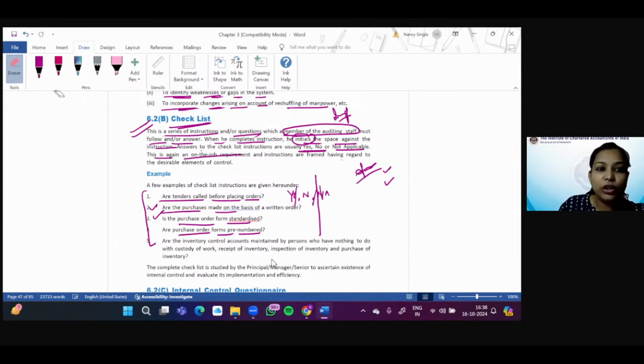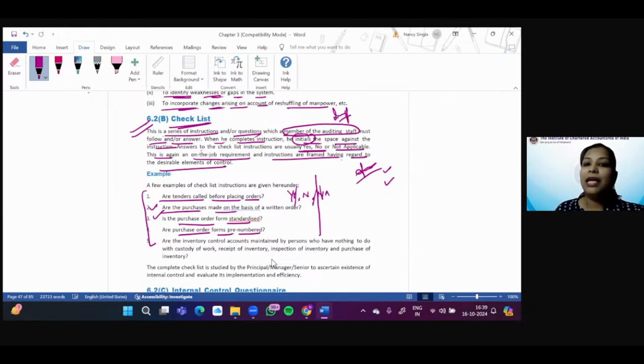So obviously on the job, when the person is actually checking side by side, he'll be taking this list. And instructions are framed having regard to the desirable elements of control. Obviously, whatever internal control is implemented, only with respect to that will the questions be asked or the instructions be given. A complete checklist is studied.